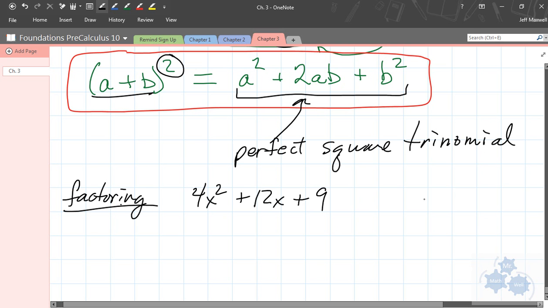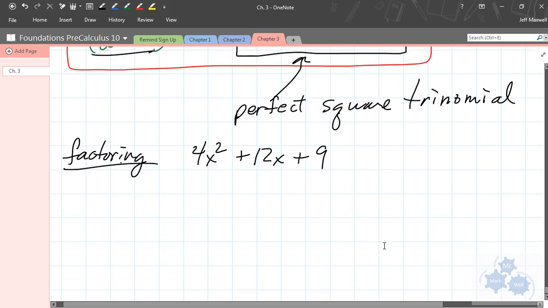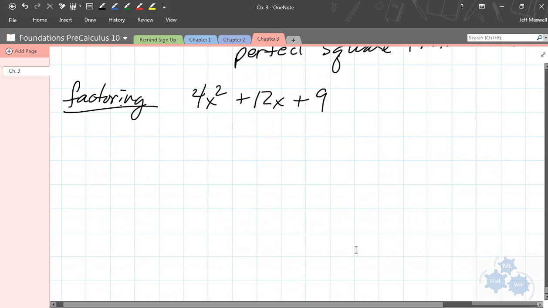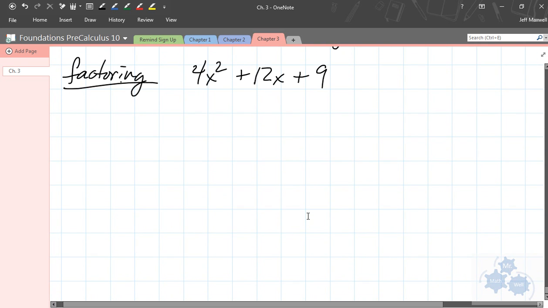So in this example here, could it be a perfect square trinomial? Could it be a special one? Well, what you look at is the first term and the last term, and are they perfect squares? Yes, they are. So you could go right here and you could say, okay, 2x, 3, and 3. Is this combination going to get me 12 somehow?